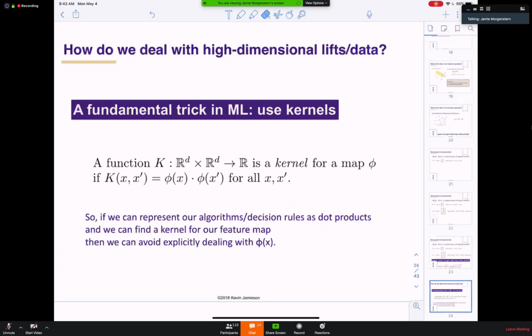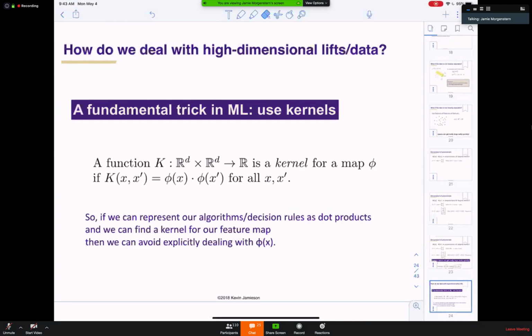If we have some representation of our data in some high dimensional space, there's a fundamental technique we can use to deal with that in a way that gets rid of our need to explicitly write down this high dimensional representation of our data. The fundamental trick is to use something called a kernel.